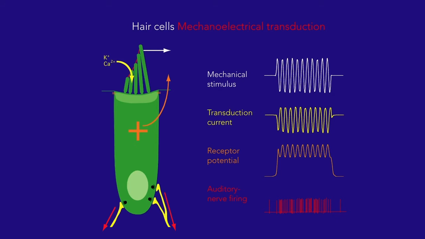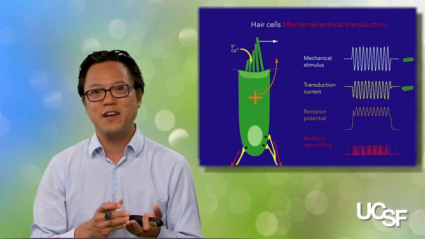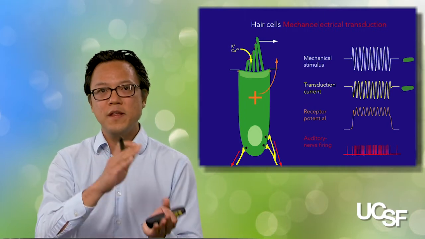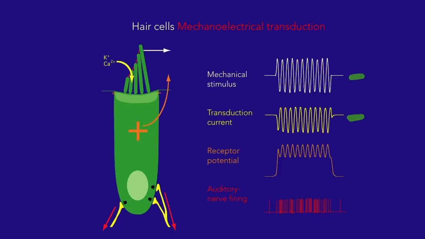So you have transduction of a sinusoidal mechanical stimulus into a sinusoidal transduction current. Now, because of the electrical properties of the hair cell, when the hair bundle is deflected towards the taller stereocilia, it causes a depolarization of the receptor potential of the hair cell, a sinusoidal component, and then when the hair bundle is deflected in the other direction, a return back down to baseline.